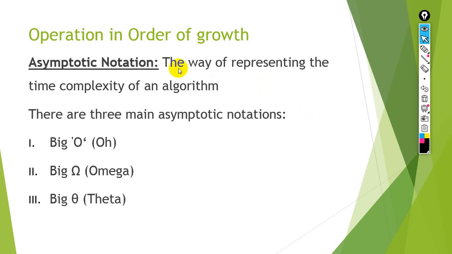Look at this, the way of representing the time complexity of an algorithm, whether the best case, the worst case, or the average case. We have three asymptotic notations: big O notation, big omega notation, and big theta notation. Now we will discuss all these one by one.